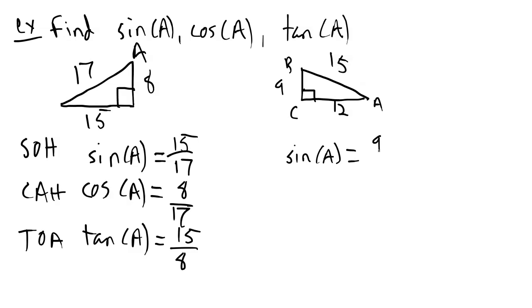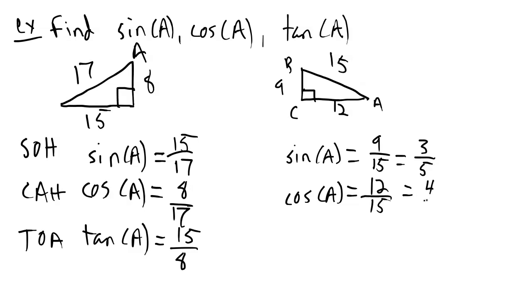It's going to be 9 over 15, or we can divide both of those by 3, so this becomes 3 over 5. Cosine of A is going to be the adjacent, 12, over the hypotenuse, which we can reduce to 4 over 5. And then tangent is going to be the opposite over the adjacent. So this is going to be 9 over 12, or we can reduce this to 3 over 4.